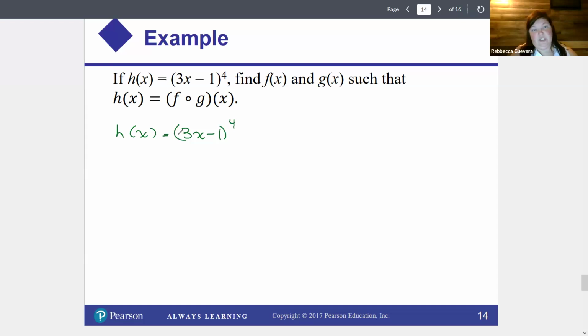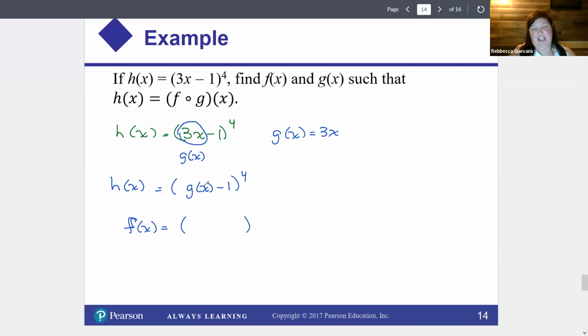We also could just say 3x could be g. Meaning that this is just g minus 1 to the power of 4. So we're trying to think, well, what can f be?